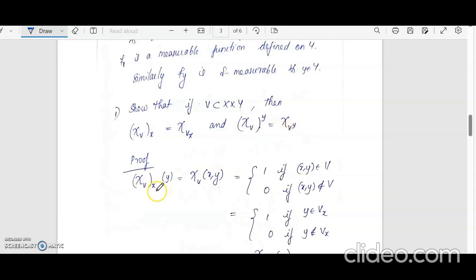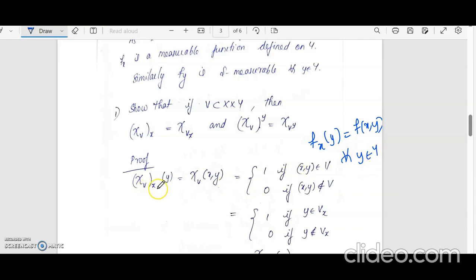Now we will do this using the definition of the x section of a function. We defined fx of y as f of xy for all y belongs to Y. So x is fixed and y varies.